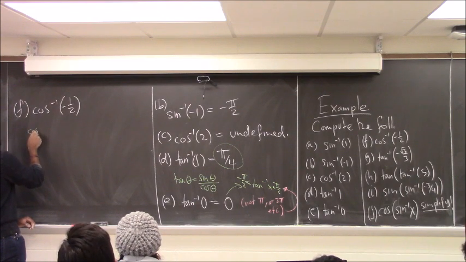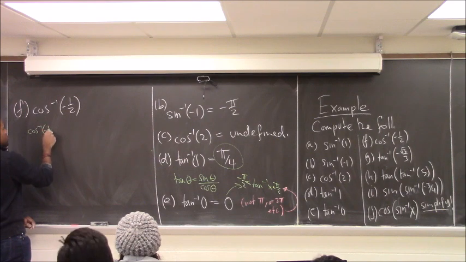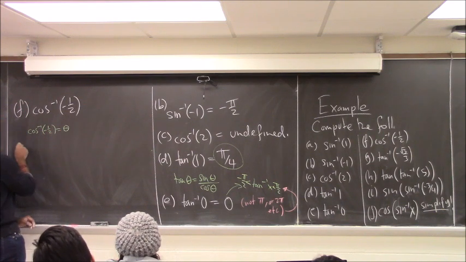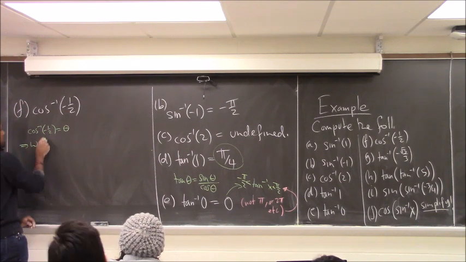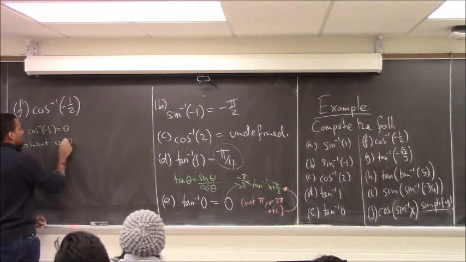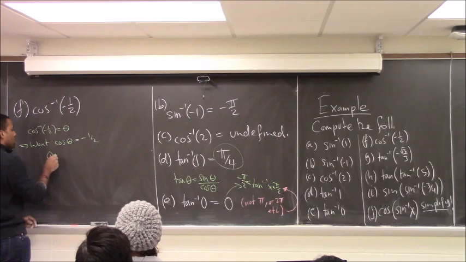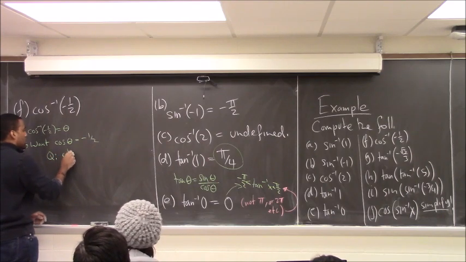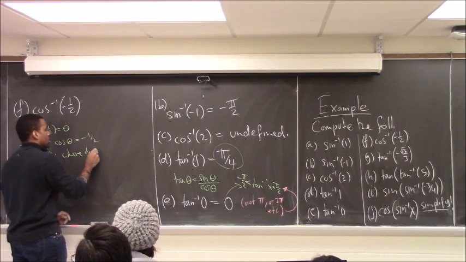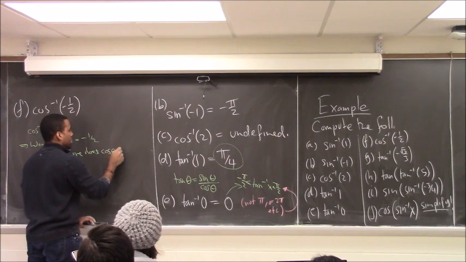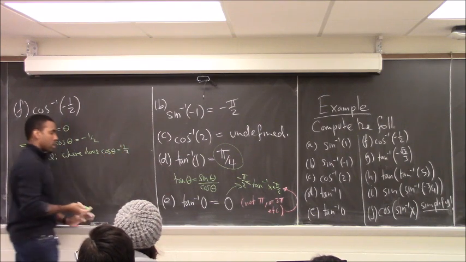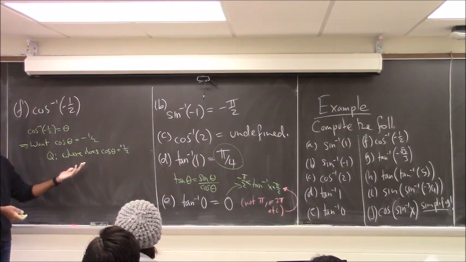I want cosine inverse of minus 1/2 to be some theta. This means I want cosine of theta to give me minus a half. The question I would ask myself is, where does cosine theta equal positive a half? Why do I care about positive a half? Because I can just use a reference angle to figure out minus a half.